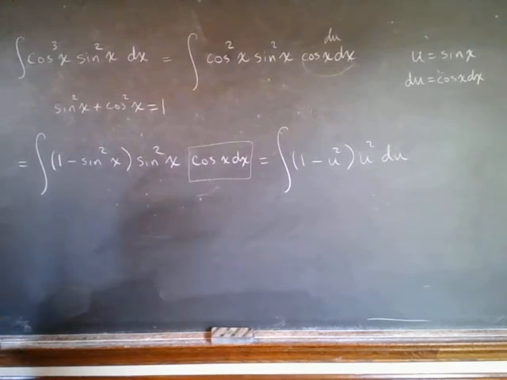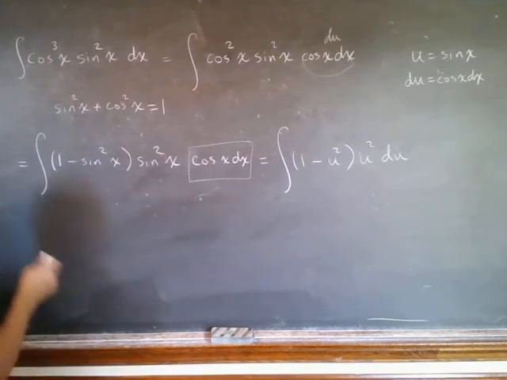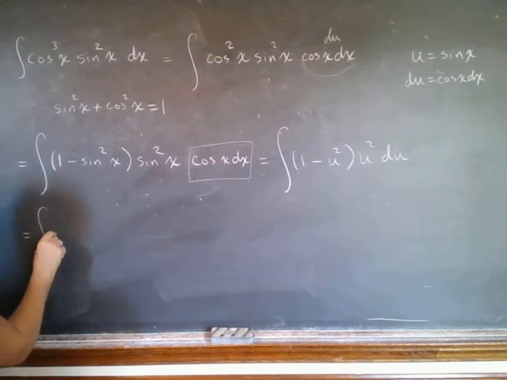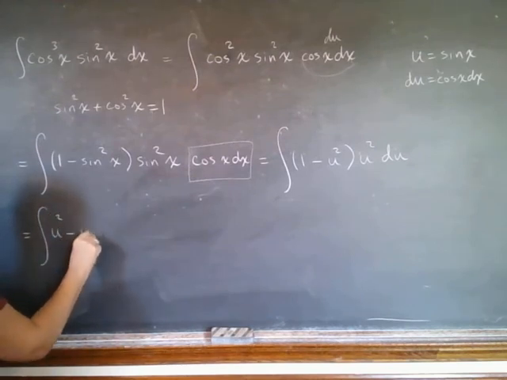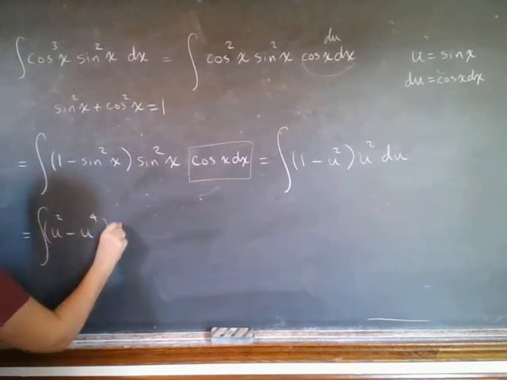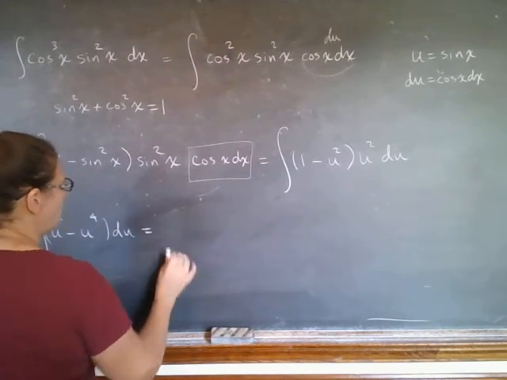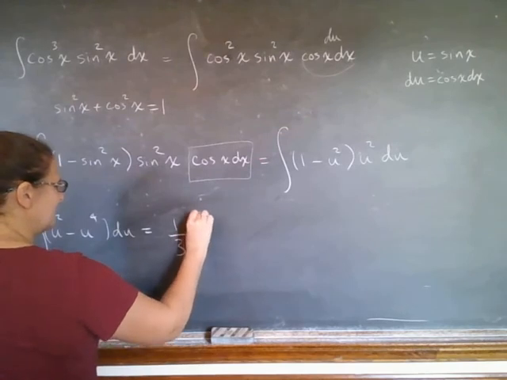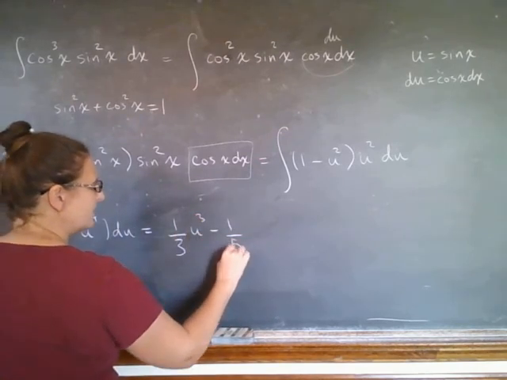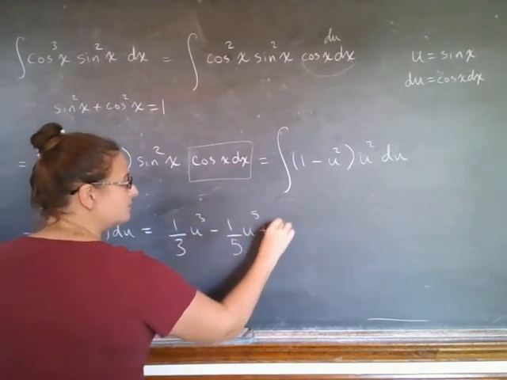Okay? So this is now an easy integral. U squared minus u to the 4th du. So I have 1/3 u cubed minus 1/5 u to the 5 plus c.